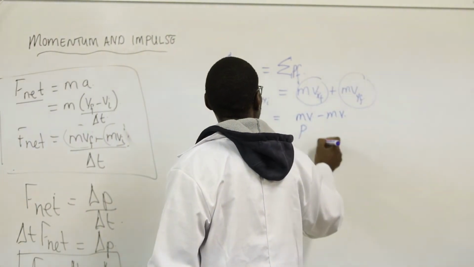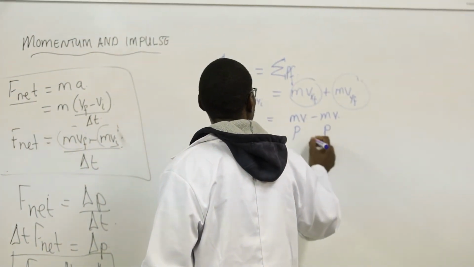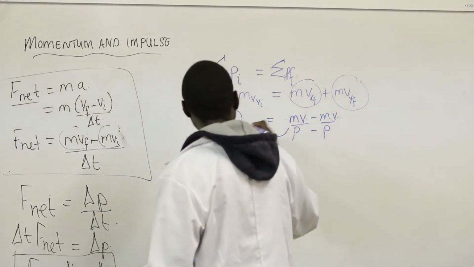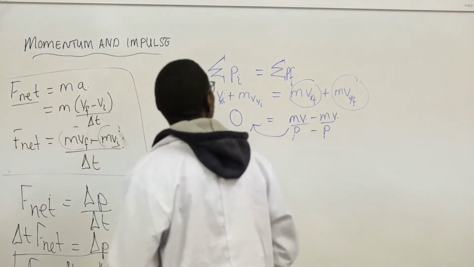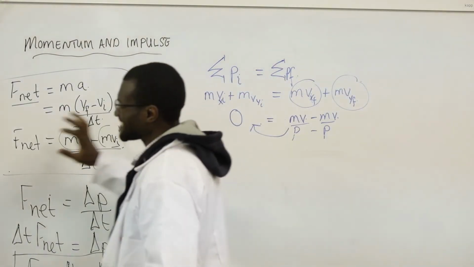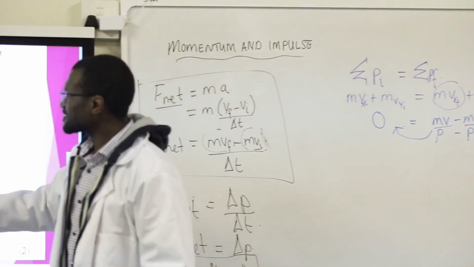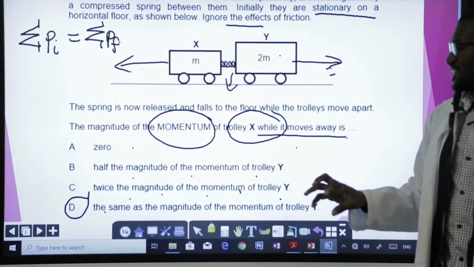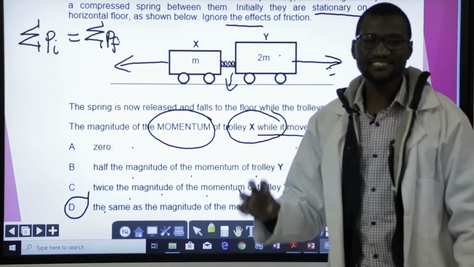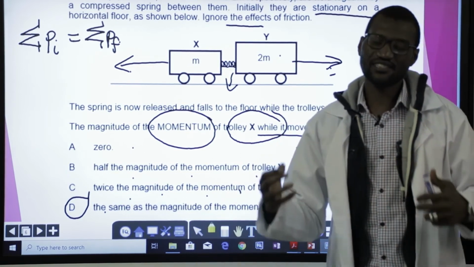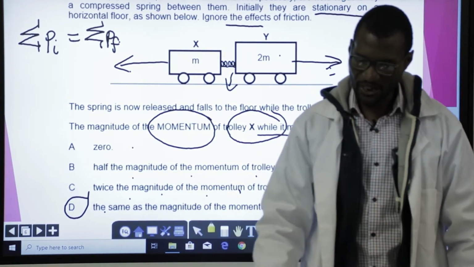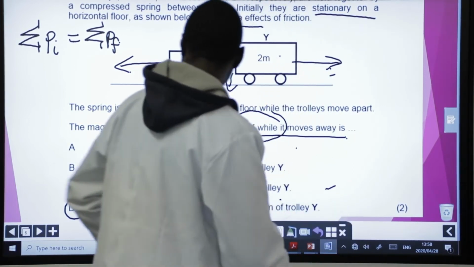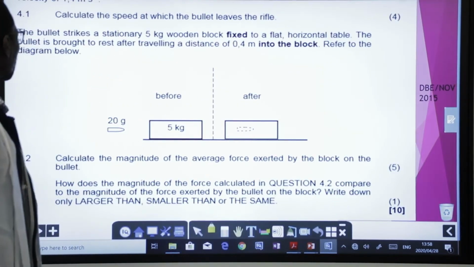This p will be the same value, which gives us back the value of 0. This is a very important part of our understanding the aspects of momentum, and we'll come back to it in looking at questions that are to do with momentum and impulse. Let's move on to yet another question and see what happens.